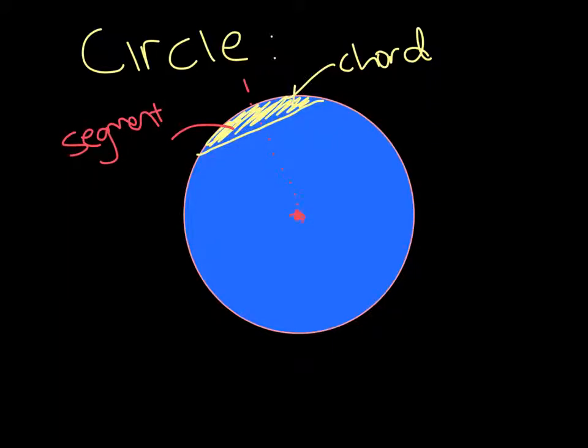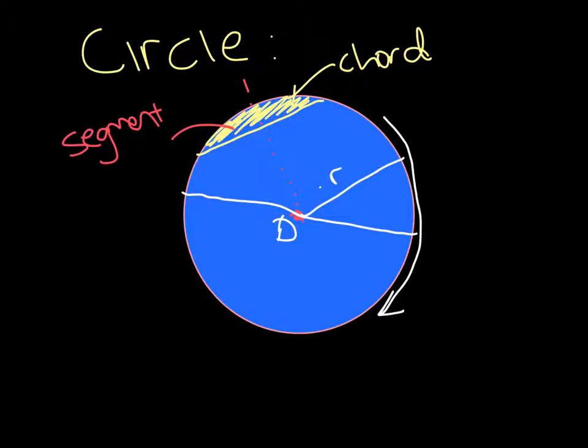Perfect. And now let's go through quickly our other terms. A line from the center out to the edge is called a radius. A line from this one side of the circle to the other through the center is called, a straight line, is called a diameter, or D. The total distance around the edge of the circle is called circumference, and that's C. And we've got one more, and I'm just going to shade it in.